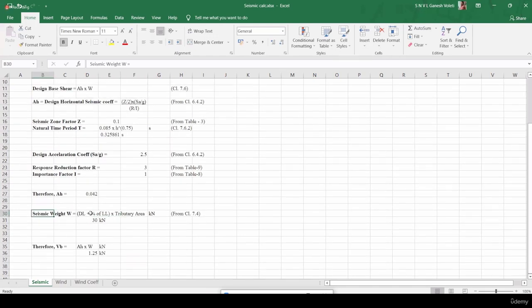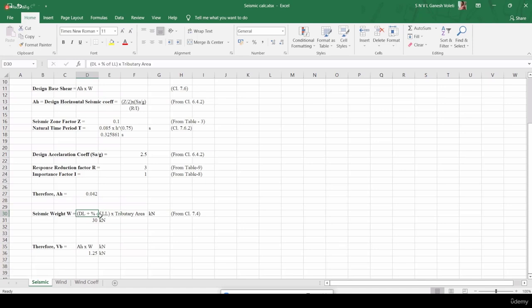You have to add seismic force for other floors also. There is no change in tributary area. There is no change in dead load and live load, because I have taken zero live load because it has only roof, right?